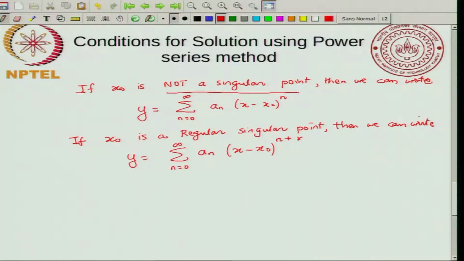When you solve this using the power series method, a0 should not be equal to 0, because if a0 is 0, then everything goes to 0. The value of r is determined by something called an indicial equation.